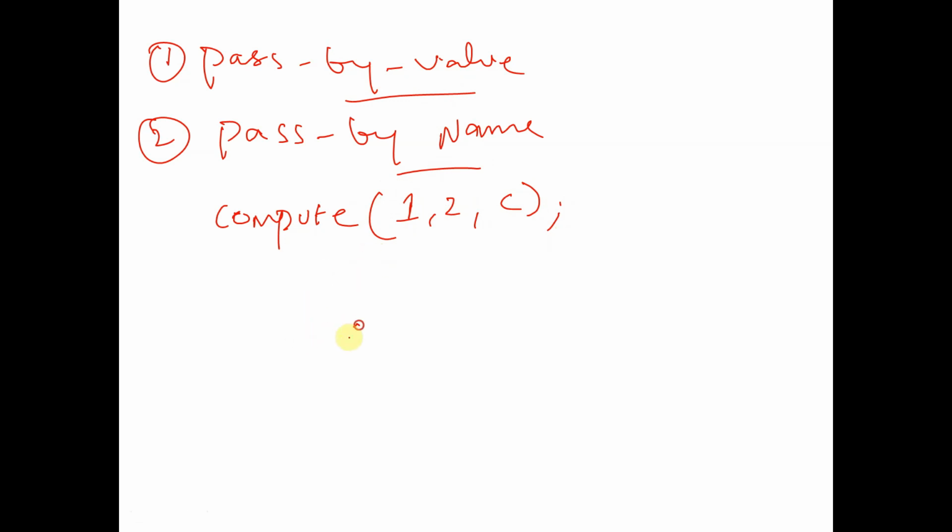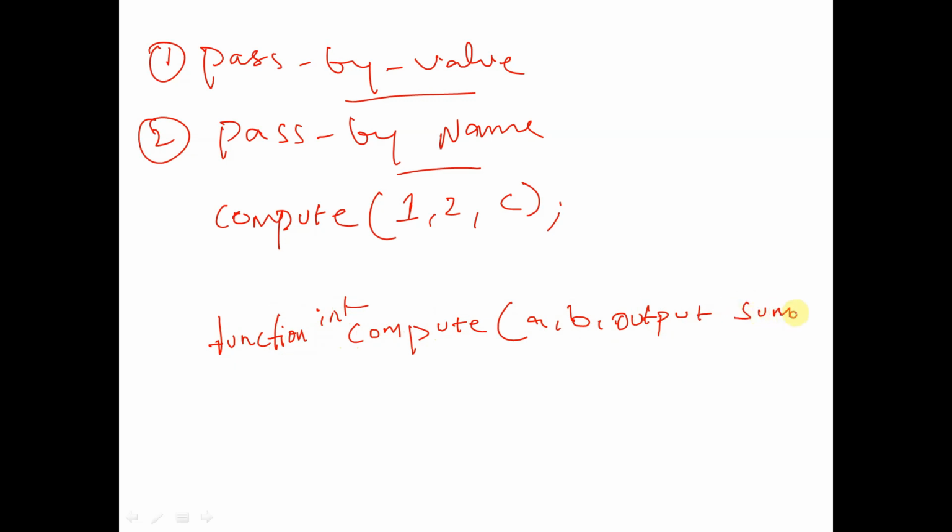We have a function declared here: function int compute a comma b comma output sum. I've already told you that if I haven't declared the direction, then it is input by default. Sum is equal to a plus b, and ending the function.